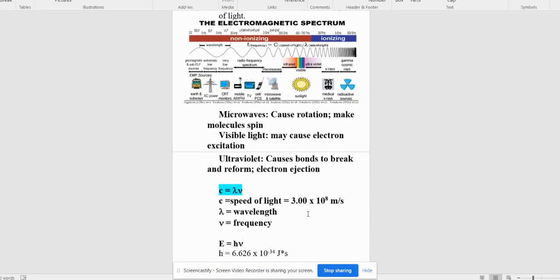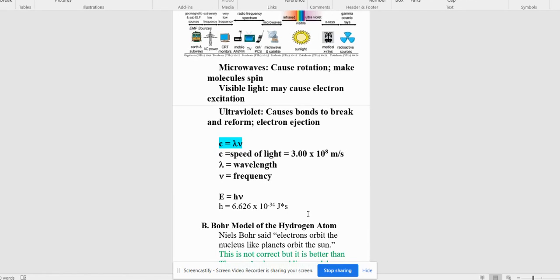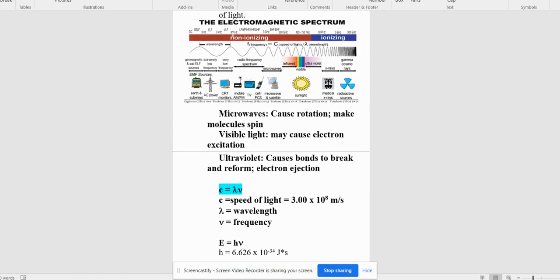The equations that we need for this section are, we're going to be able to find the wavelength, which is the distance between the crest of two adjacent waves, or you can do trough to trough as well. And then we have the frequency. This is the Greek symbol nu for frequency, which is how many of these pass by per second.